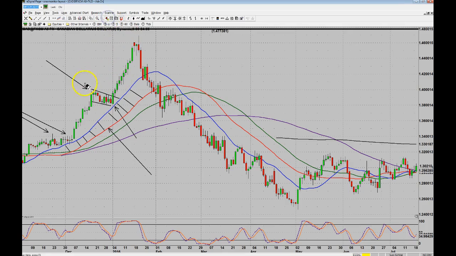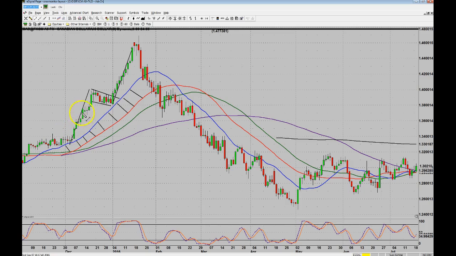Now, very often when something like this happens, you will tend to see basically an A, B, C, D type of a move. When something makes an A, B equals C, D type of a move, I don't care what you want to call it.